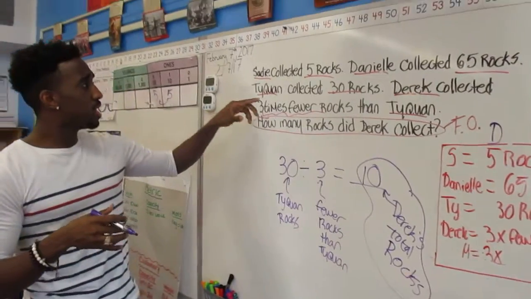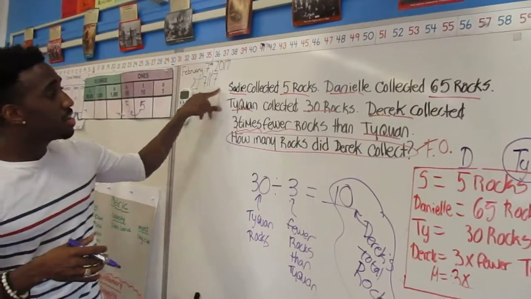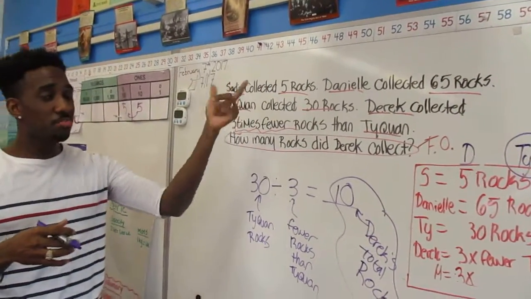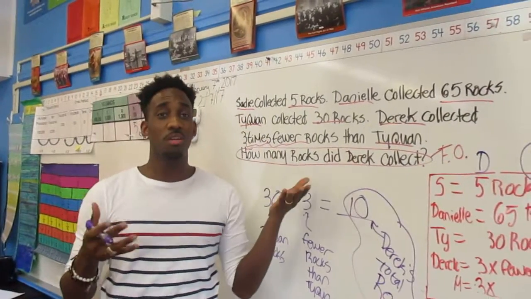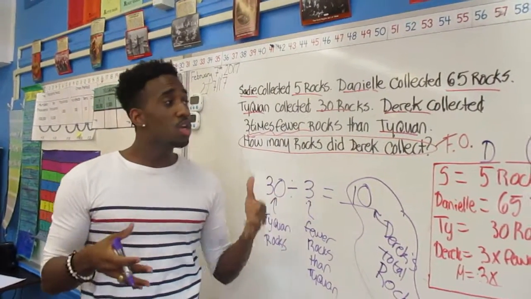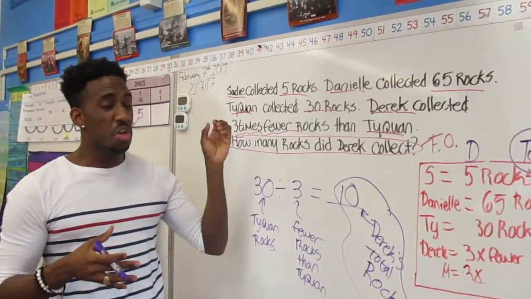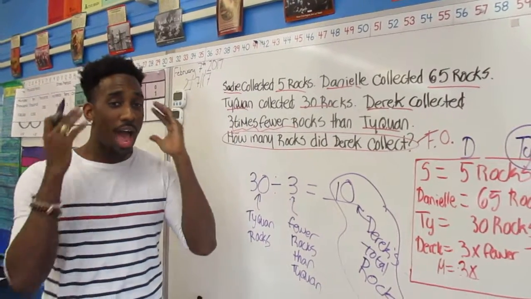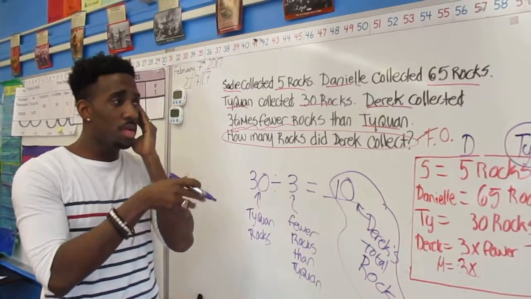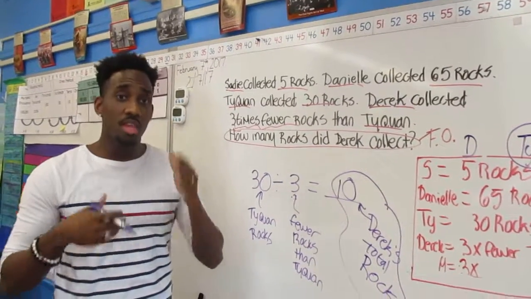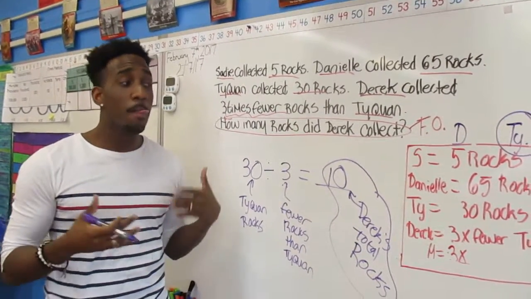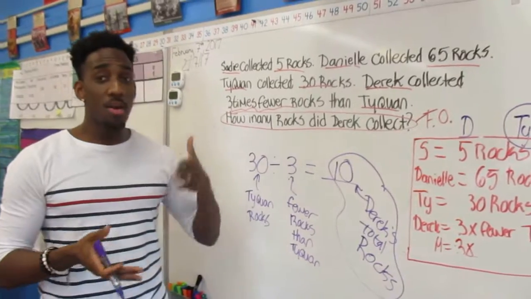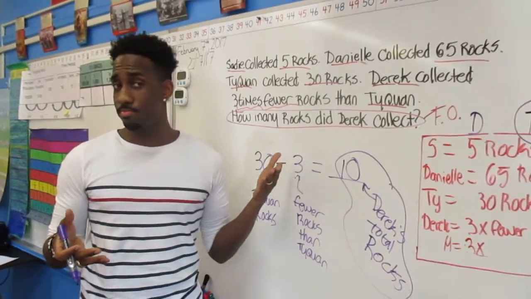I also noticed that Sadie and Danielle, here, is some information that's not really relevant. In some story problems, kids may have information that's not really relevant. So I was able to decipher through the problem and pull out the relevant information. They will have to do that also and figure out what they need to use and how it can help them to figure out what they need to figure out. Thank you.